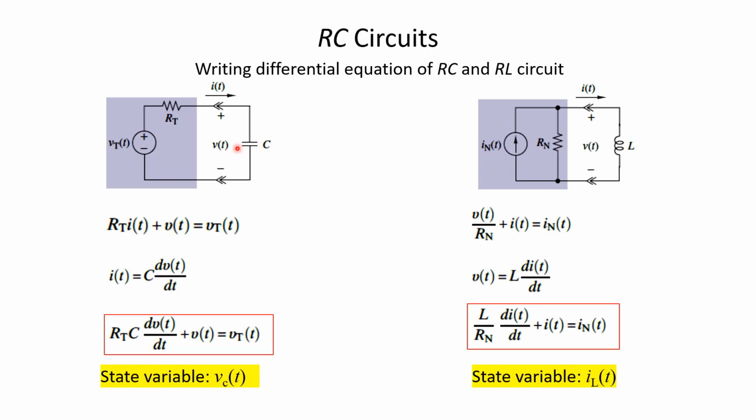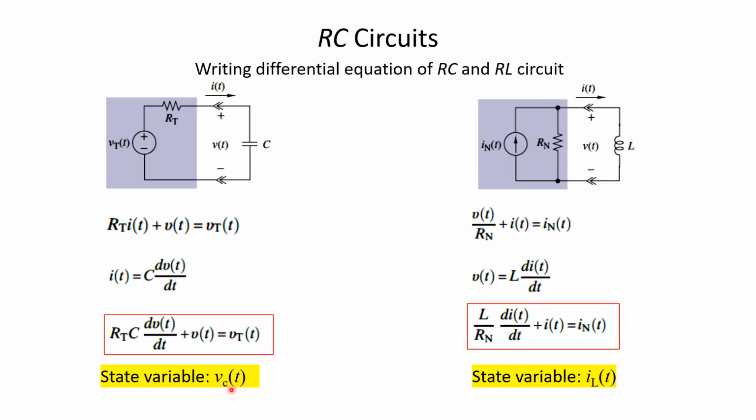A variable, the capacitor voltage, is known as a state variable, and the inductor current is known as the state variable related to the inductor. Recall that i_L appears in the energy storing expression of the inductor, which is 1/2 L i squared, and the energy stored in the capacitor is equal to half C V squared.